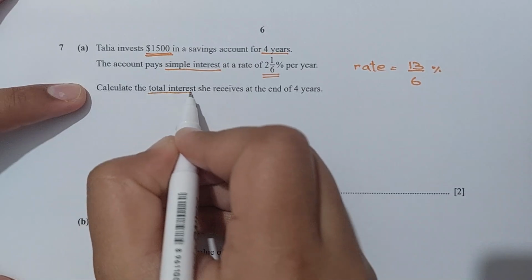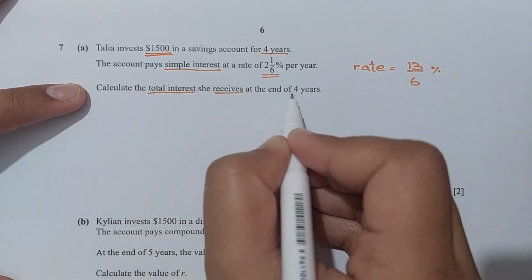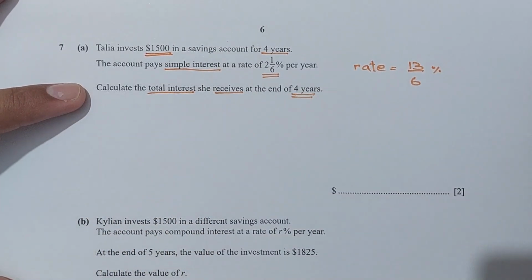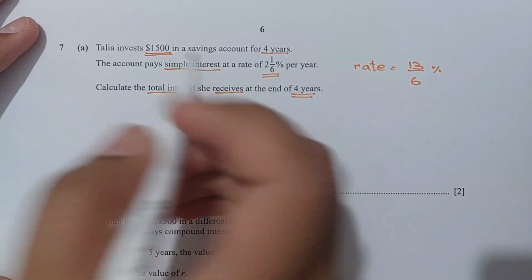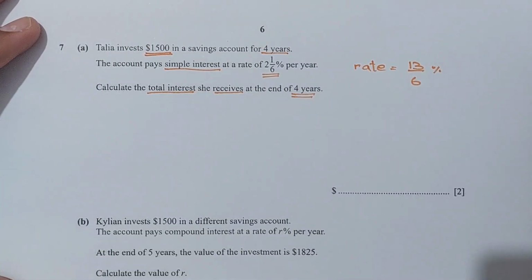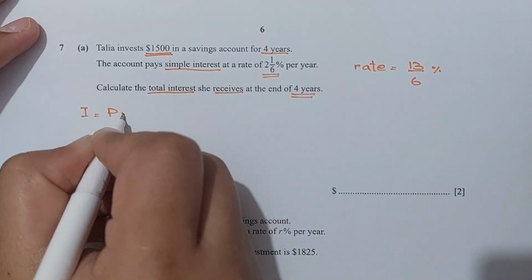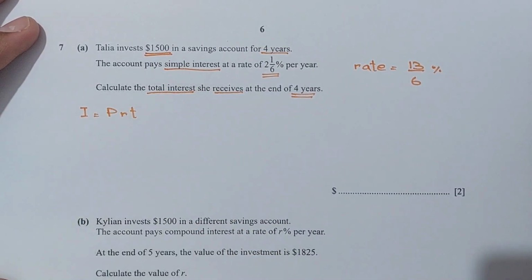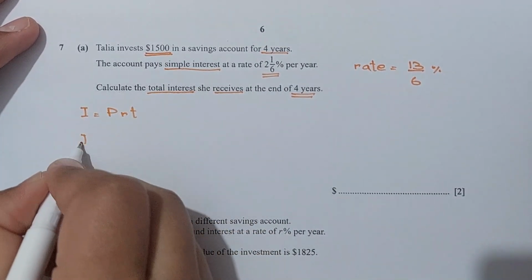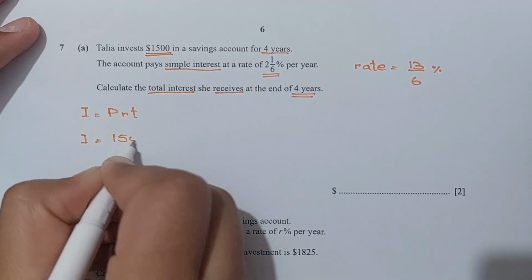Calculate the total interest she receives at the end of 4 years. So it is a simple interest question, and the total interest is I equals P R T. That is the formula for simple interest. P is the investment, which is 1,500.